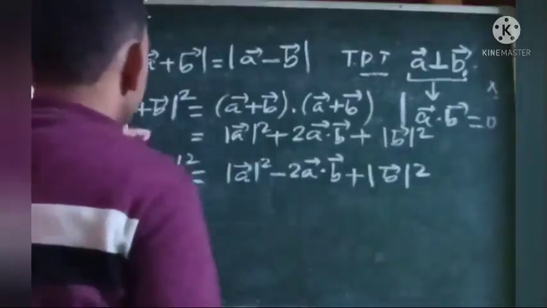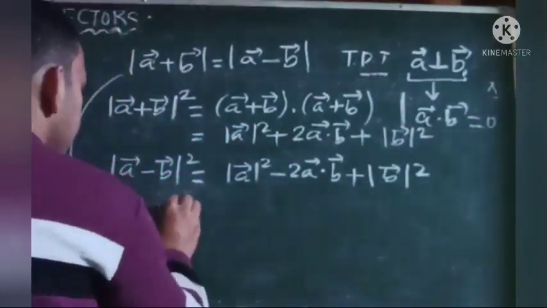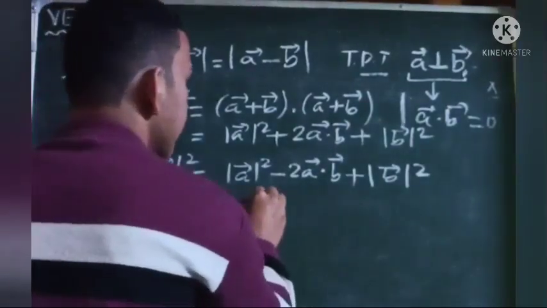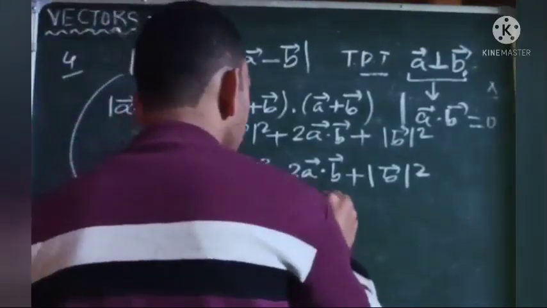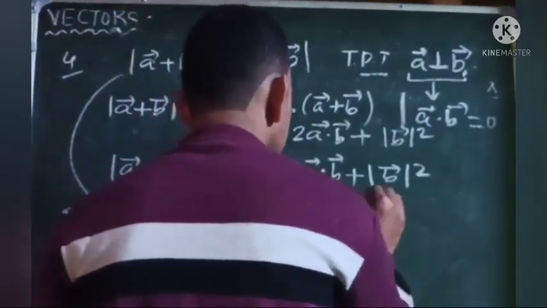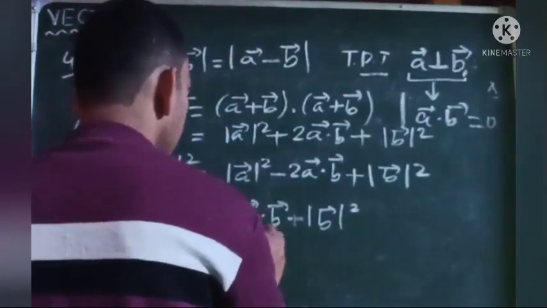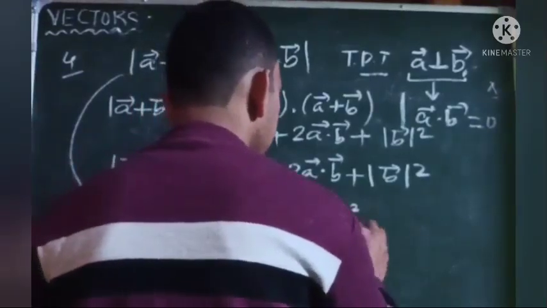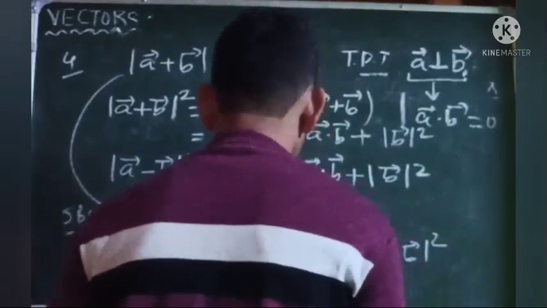Now, squaring both sides of the given equation, we get this equal to this. Magnitude of A vector square plus 2 times A vector dot B vector plus magnitude of B vector square is equal to magnitude of A vector square minus 2 times A vector dot B vector plus magnitude of B vector square.